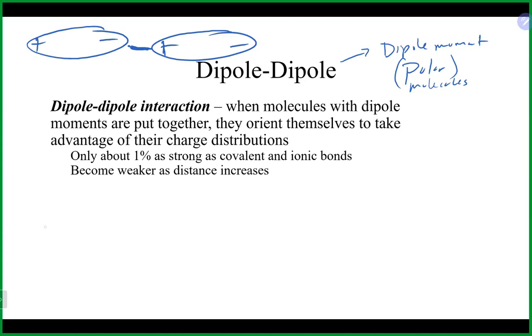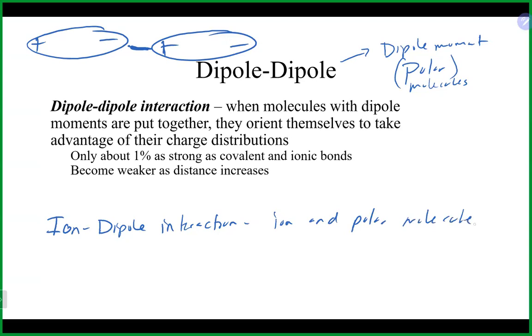There's also another similar one, which is sometimes referred to as ion-dipole interaction. Ion-dipole interaction is when an ion and a polar molecule come together. If you think about it, this is pretty much how an ionic compound dissolves in something like water.